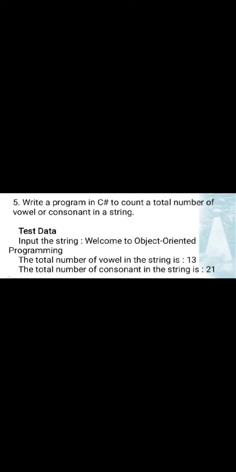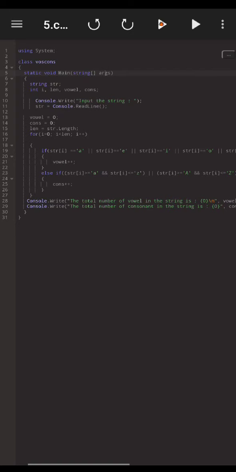Write a program in C# to count a total number of vowels or consonants in a string. We have data type string with the value of str, int data type with the value of i, length, vowel, and cons.